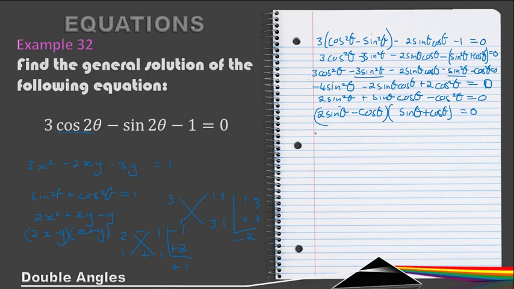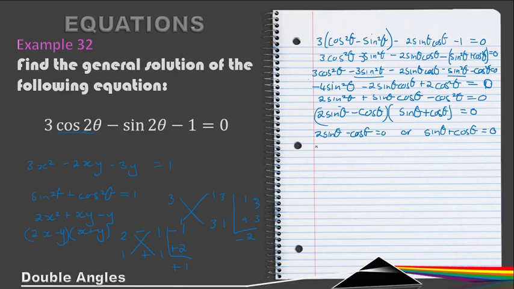We can now say 2 sine theta minus cos theta equals 0, or sine theta plus cos theta equals 0. And this looks wrong because we've got two different identities, but we can change it into one. How we're going to do that is by taking this cos over to the other side.